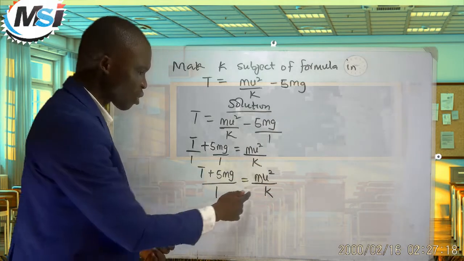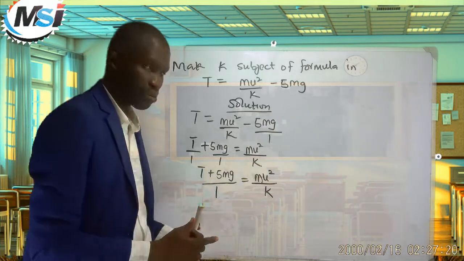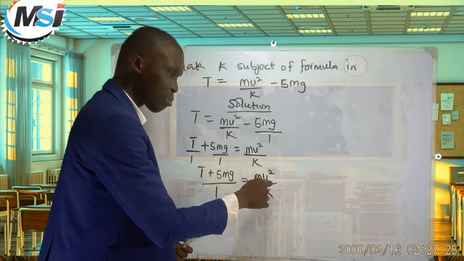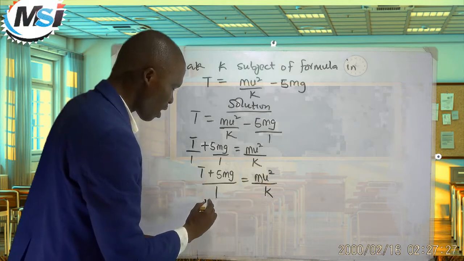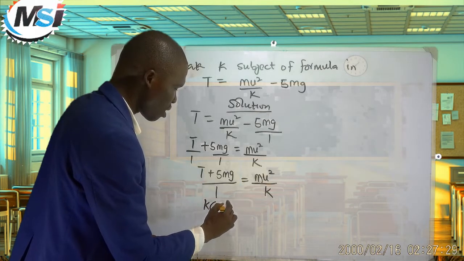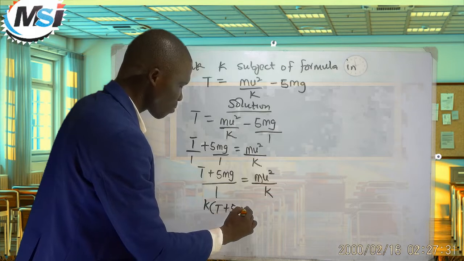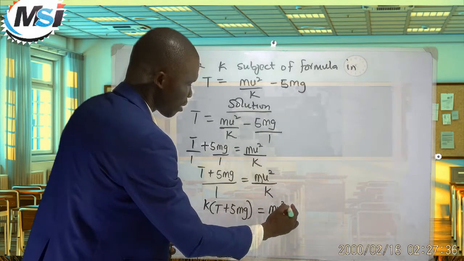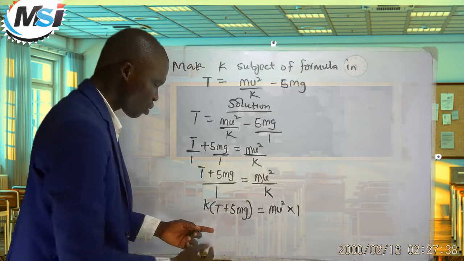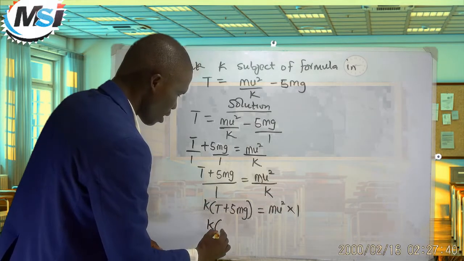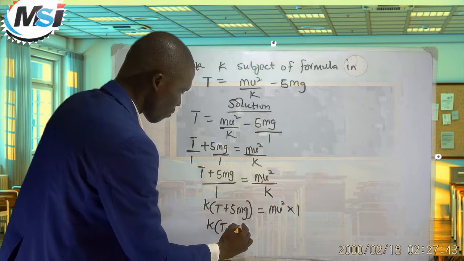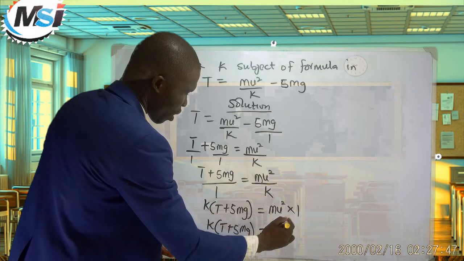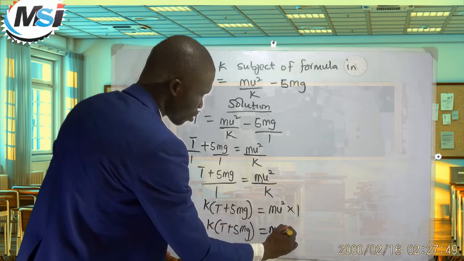Now, from here, you can do what we call cross multiply. This k will multiply this, and this 1 will multiply this. So this will give me k bracket T plus 5mg equals mu squared times 1. So this will give us k(T plus 5mg), and mu squared multiplied by 1 will give you mu squared.